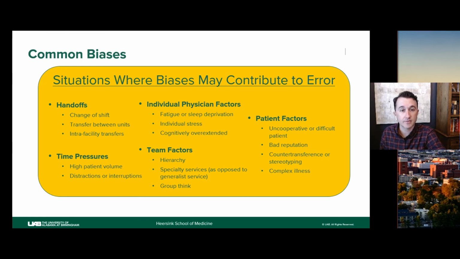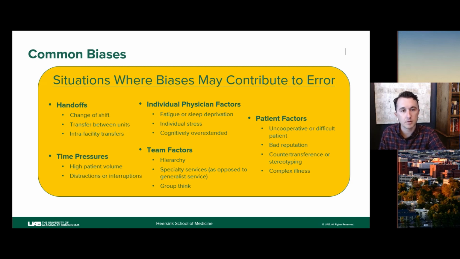Individual physician factors play a role. So you can be the most astute clinician there is, but you may be fatigued or sleep deprived, or you may have some external personal stress. And all these things can influence our decision making. Team factors play a role. We talked about hierarchy and referring to experts or the attending when you're a resident. The type of service makes a difference too, whether it's a specialty service or a generalist service.